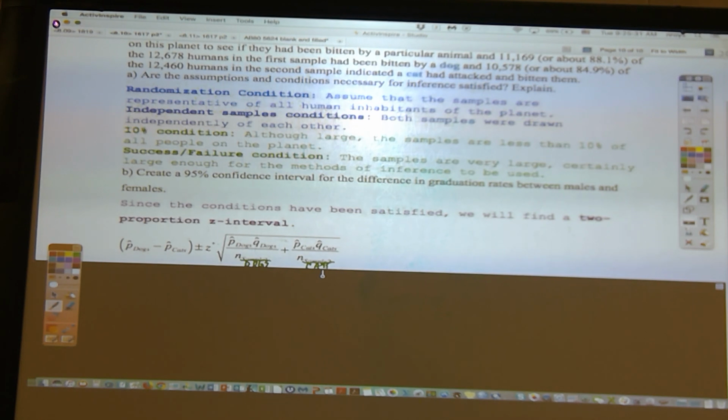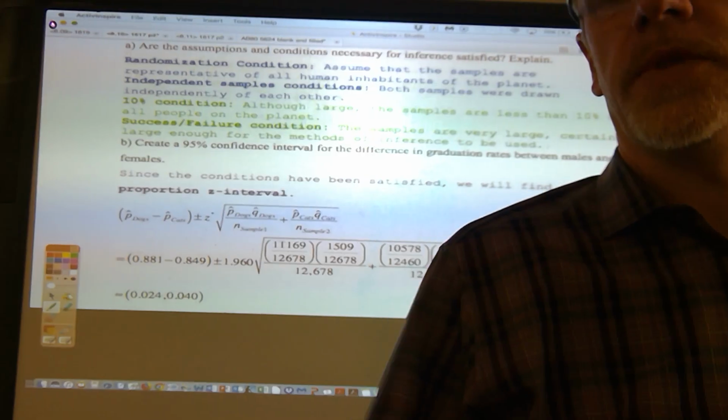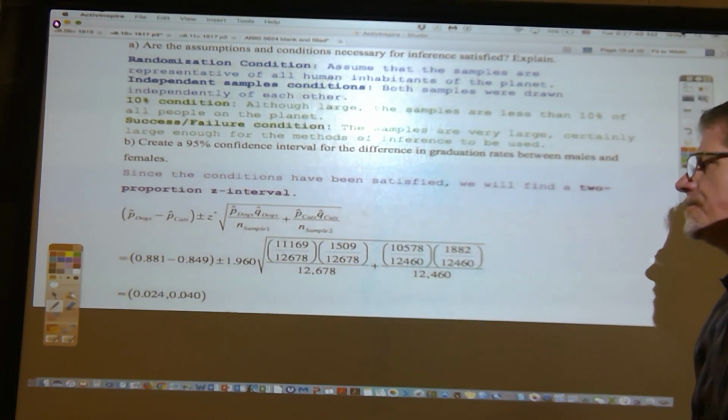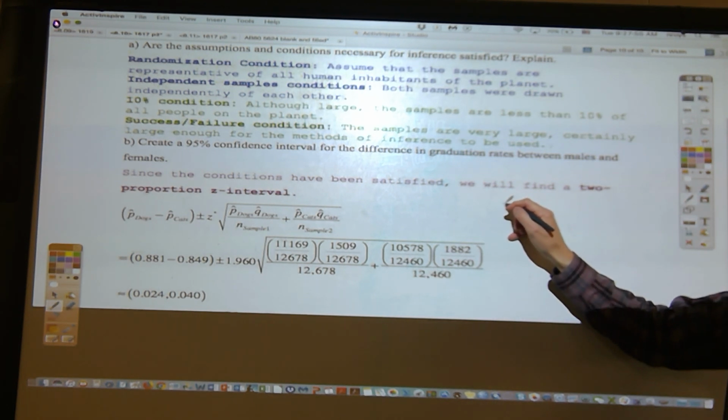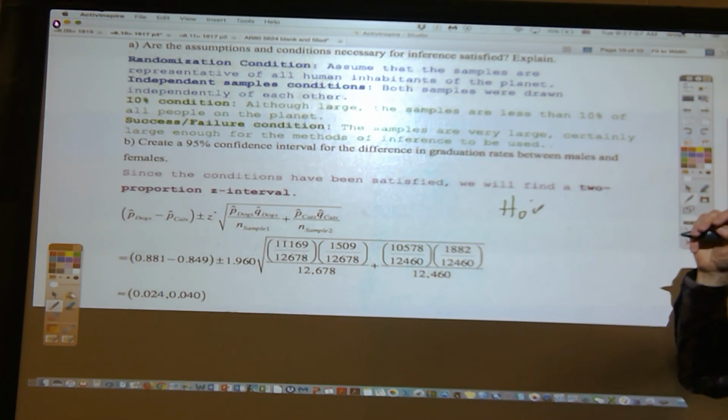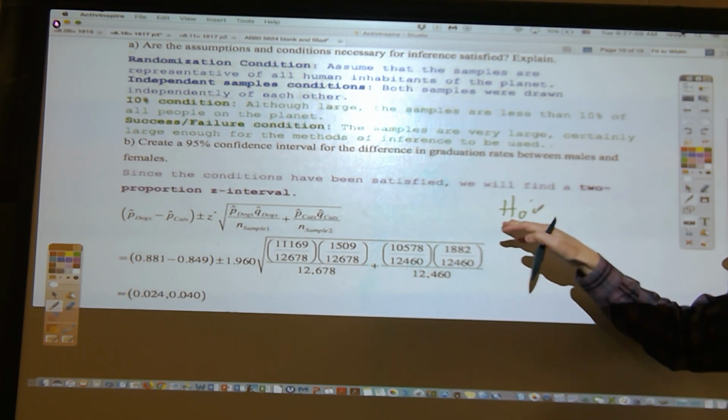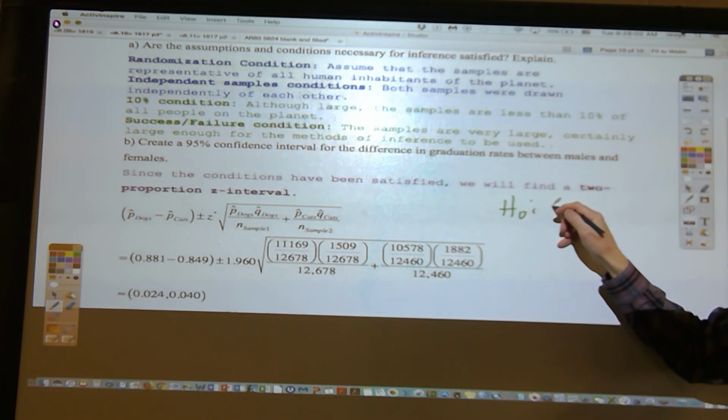So fill in the numbers by hand, go to your calculator, stat test B. I'm going to pause the camera while you do the details. So even though we did not write down the null hypothesis, in fact, just for deepening your understanding, go ahead and write a null hypothesis here.